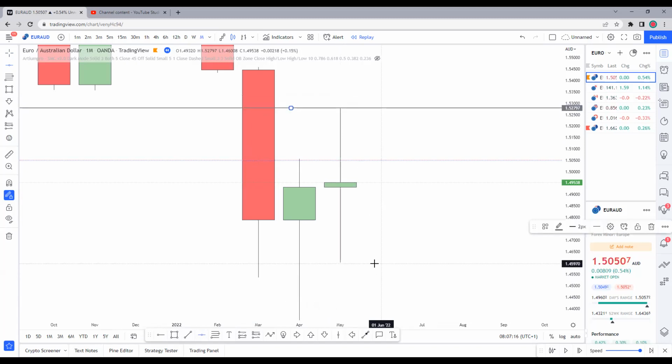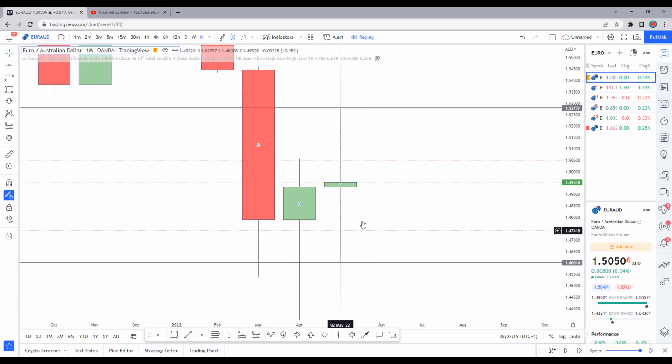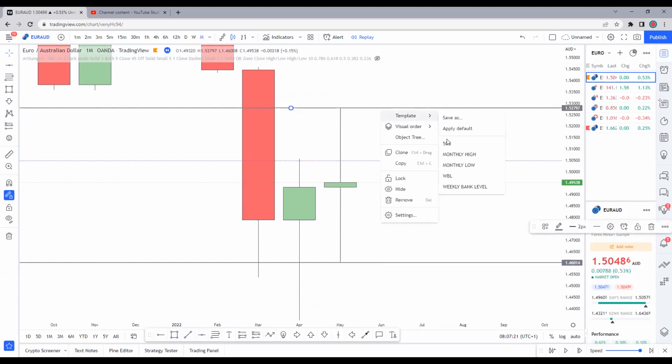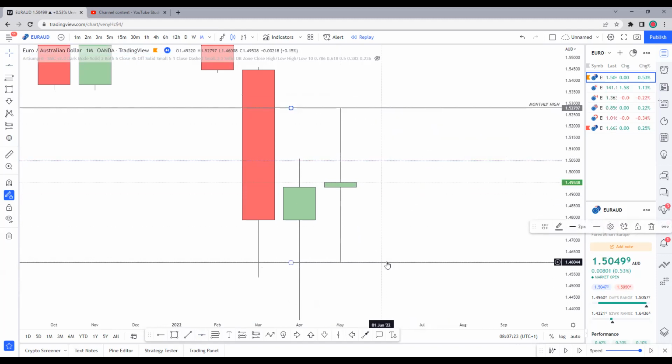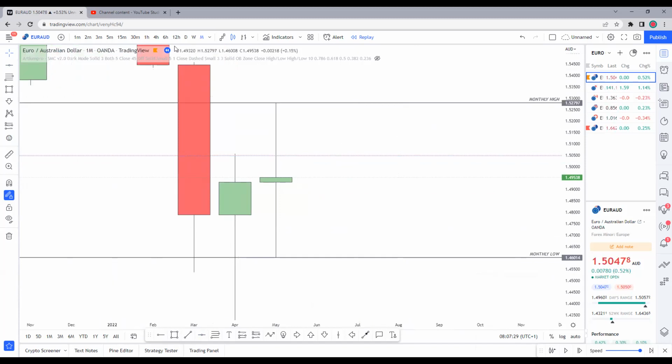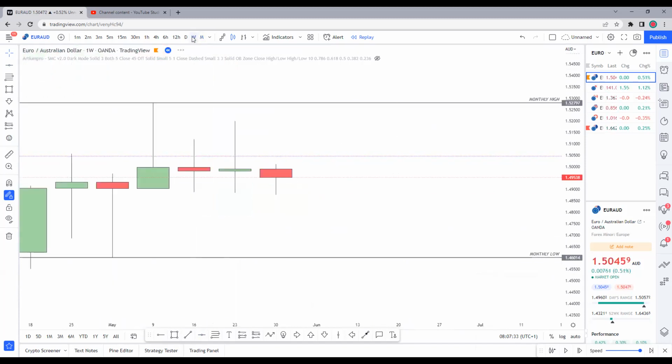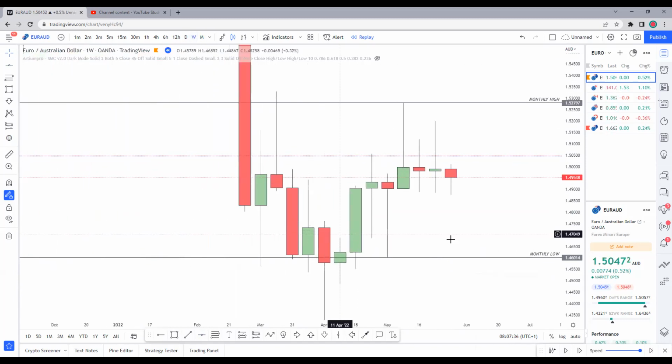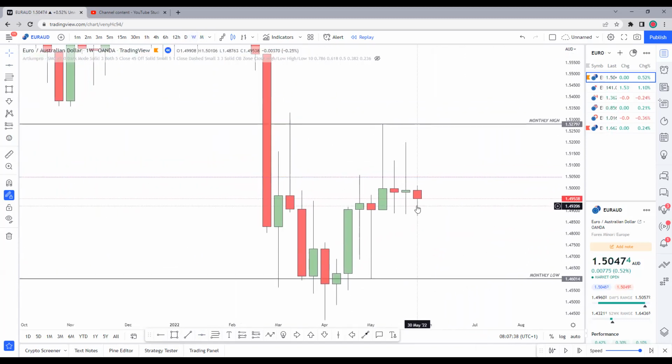This is how you would start to break down your price. Okay, so you've got monthly high, and monthly low. Now we want to break down into the weekly. Within the month, you'll have these candles here, and each one of these candles represents one week.